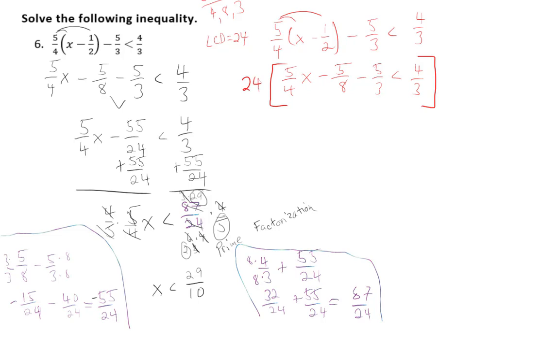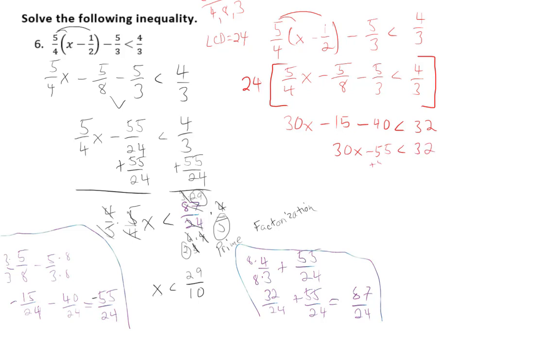So 24 divided by 4 is 6. 6 times 5 gives me 30x minus 24 divided by 8 is 3. So that would give me 15 minus 24 divided by 3 is 8. 8 times 5 is 40. Bring down your sign. 24 divided by 3 is 8. 8 times 4 is 32. Combine like terms, and now I have 30x minus 55 less than 32.